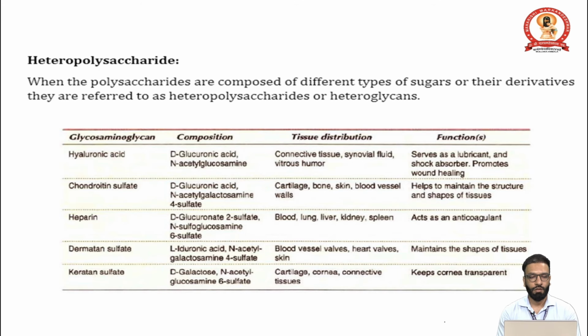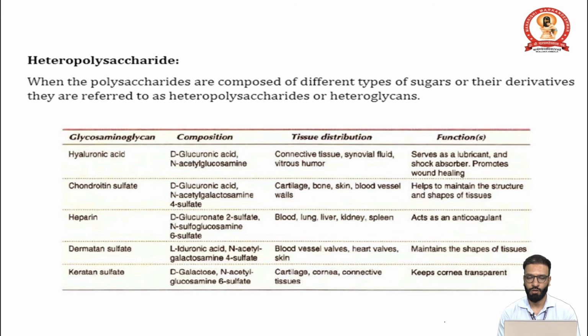Next we are moving on from the homopolysaccharides. Now come the heteropolysaccharides, and I have briefly given them in tabular form. There are many heteropolysaccharides, like the glycosaminoglycans, for example hyaluronic acid, chondroitin sulfate, heparin, keratan sulfate, with different compositions and different tissue distribution.